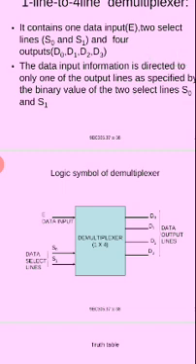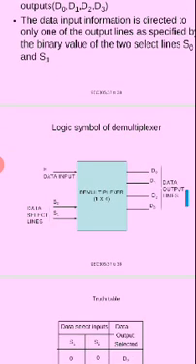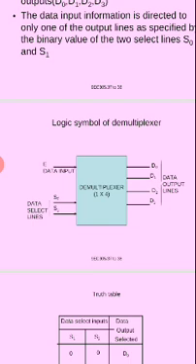Logic symbol of demultiplexer. For this, one data input that is called enable input, and data select lines. Demultiplexer 1 to 4.